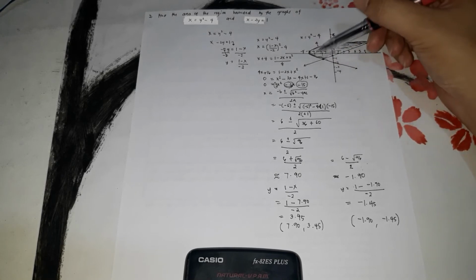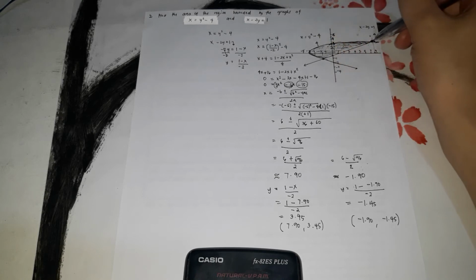Itong parabola naman is x equals y squared minus 4. So yung region is ganito. Next, if you notice, ditong region, in this one, ang nasa taas is x equals y squared minus 4, nasa baba is x minus 2y equals 1.